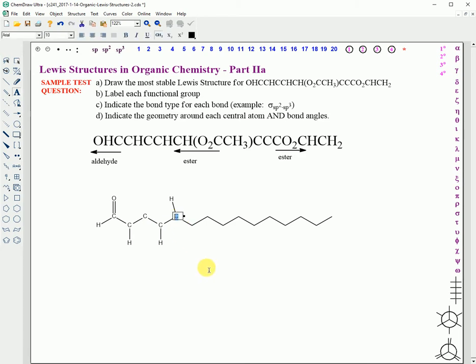This carbon corresponds to this carbon. That is the carbon that is part of the ester functional group, which means it is attached to an oxygen, which is then attached to a carbonyl, oxygen, carbonyl, which is attached to a carbon with a CH that is a CH3.